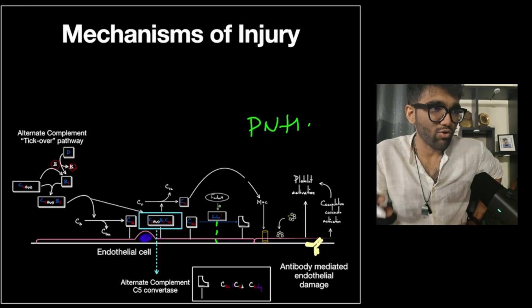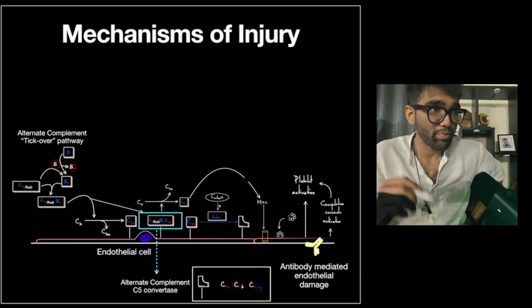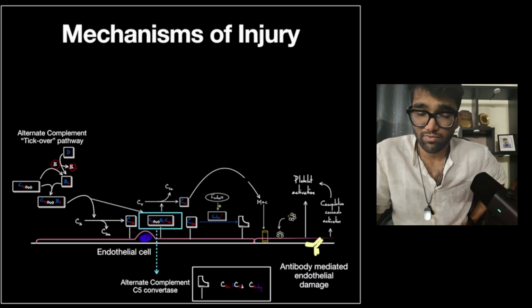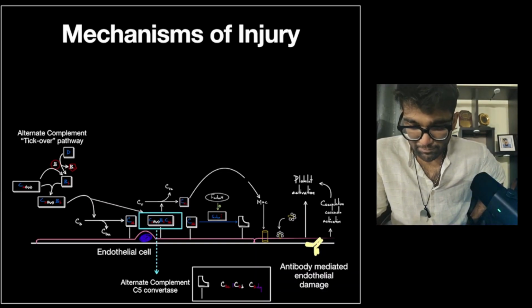Why and how, we'll get to later. As a result, things like factor I are not expressed on cell membranes, and that results in excessive alternate complement activation. So PNH also has excessive alternate complement activation, but because of a hematopoietic stem cell problem in the bone marrow. We'll get to it later.